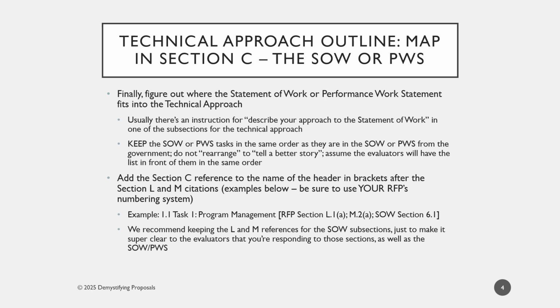However, as a caveat to that, if you get tight on page space, sometimes taking the L&M references out and making your header shorter so that they don't wrap to a second line, for example, is a way to get more pages back. And in that case, we would recommend that you keep the statement of work language in the brackets, but maybe not the L&M references.